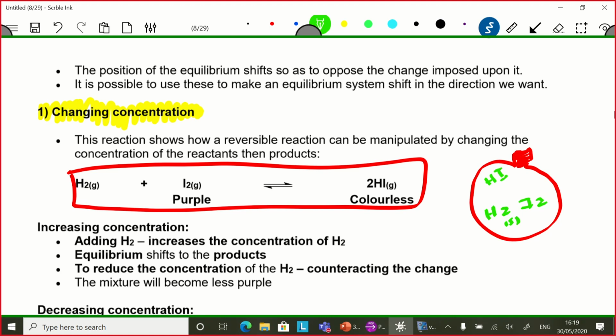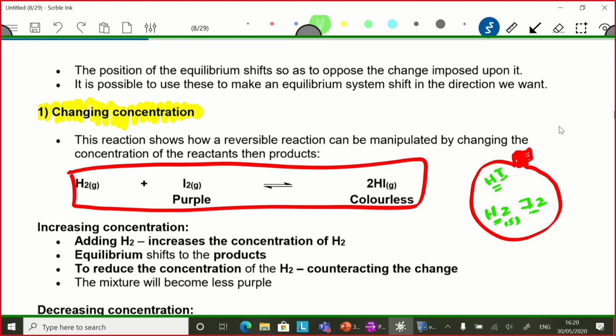But unfortunately, this reaction isn't an irreversible reaction. This reaction is a reversible reaction. So that means some of the hydrogen and the iodine are going to react together to form hydrogen iodide, and then the reaction is going to stop at a specific time. When is the reaction going to stop?